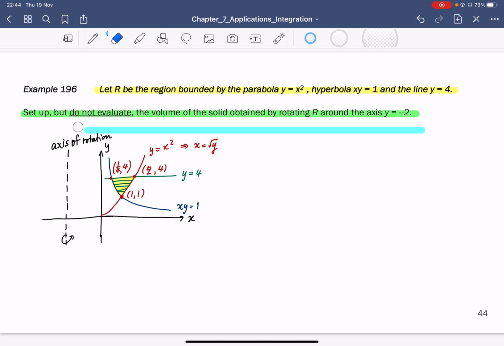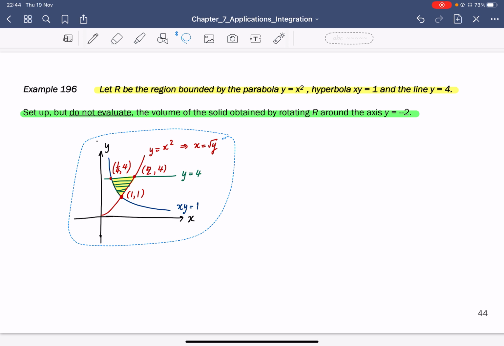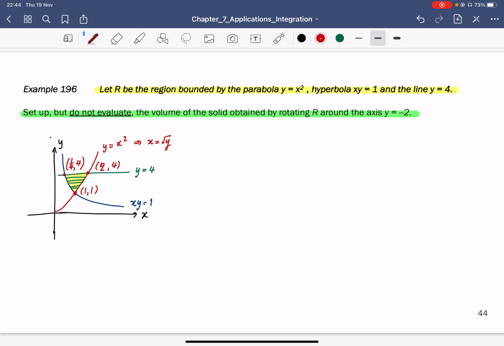And now we are going to switch our axis of rotation to y equal to -2. You can see that the region is easier to treat with the shell method.